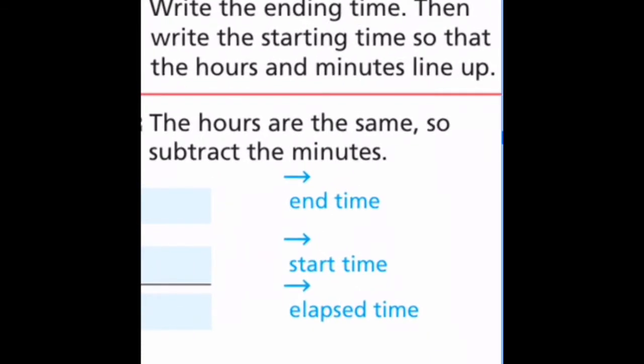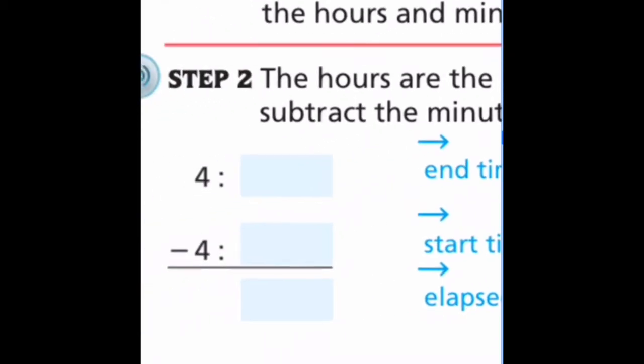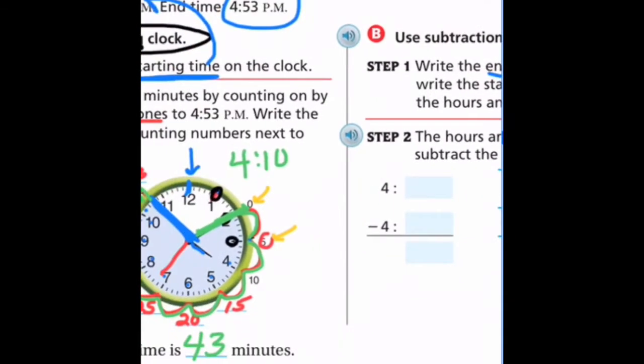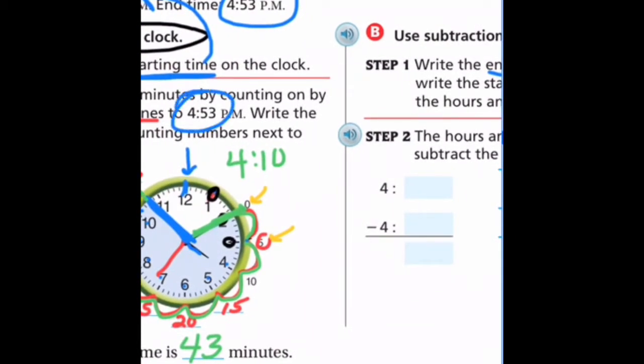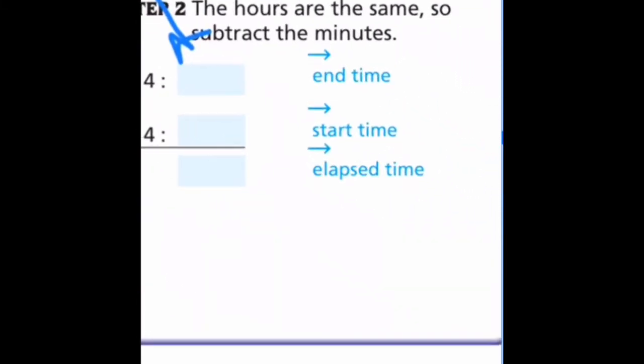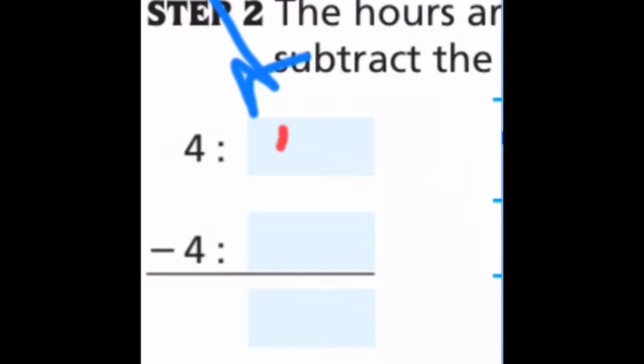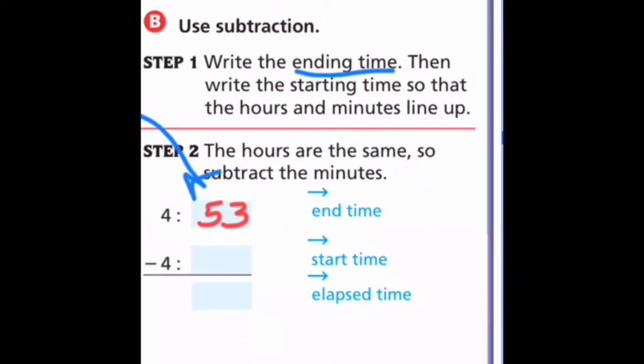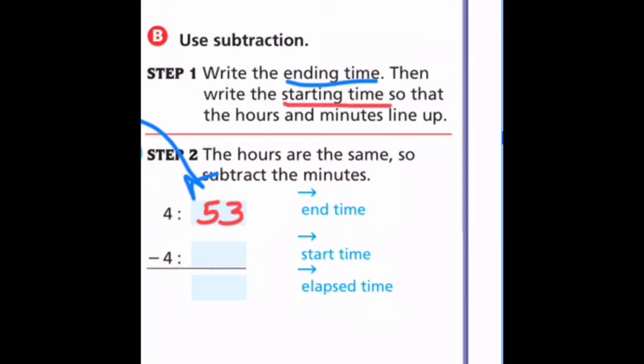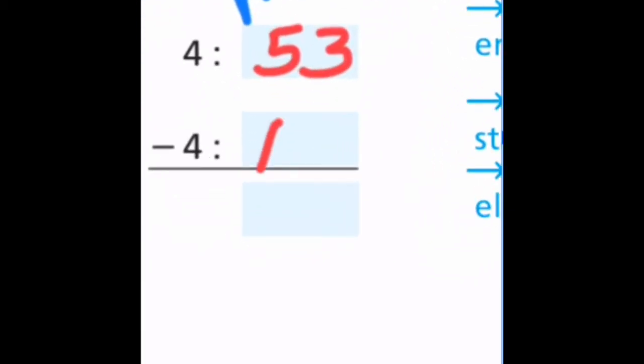So we can subtract in this case because they're both at the 4 o'clock hour. So, step 1, write the ending time first. Okay, and it ended at 4:53. Here's our ending time. So we're writing that first right here. They already wrote the hour for me, so I'm just writing the minutes. Okay? Then write the starting time, which was 4:10.